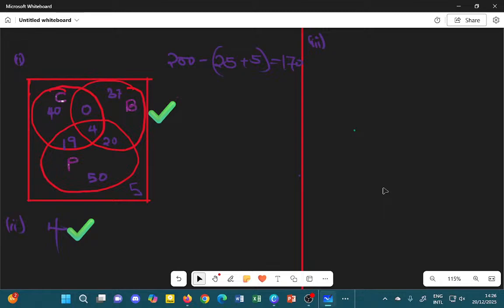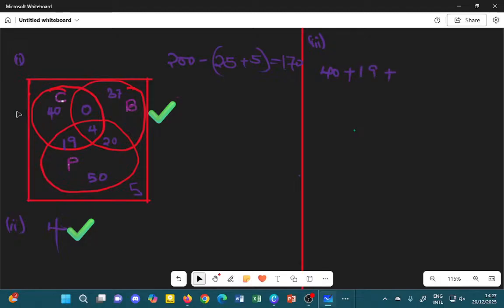So the proportion of persons that liked the color will be the sum of those who like color only, which is 40, plus those who like color and packaging. Color and packaging, we see they are 19.